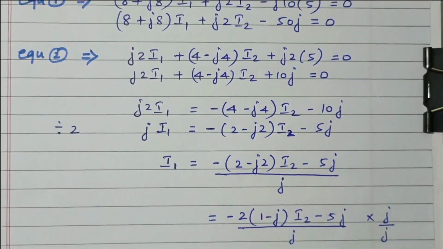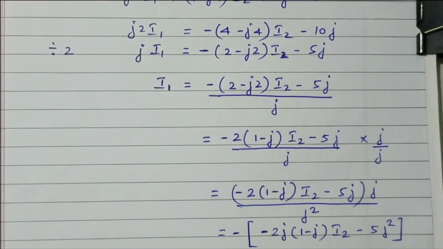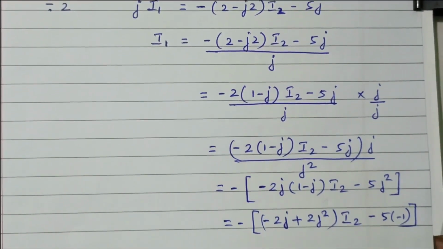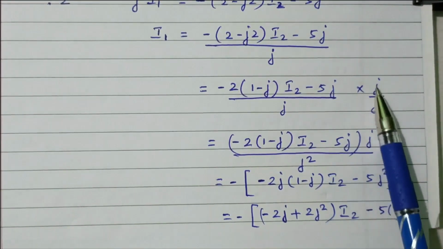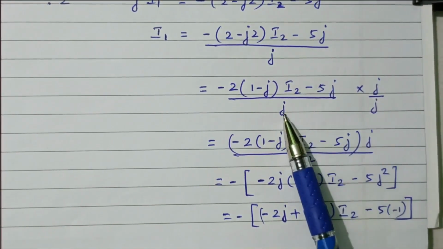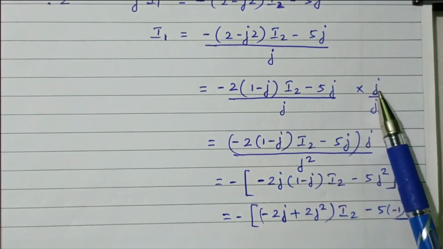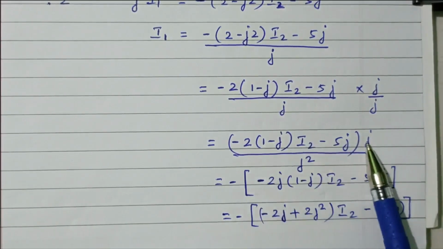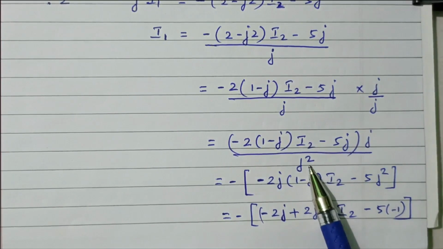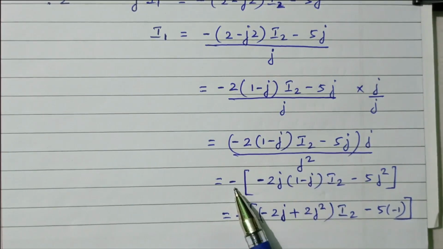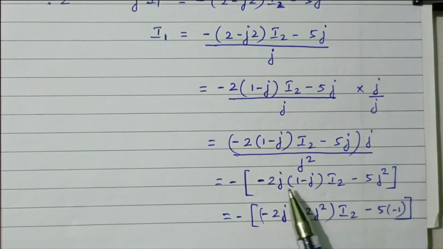Further, it is multiplied and divided by J in order to simplify further, so that we can remove the J from the denominator. J by J, so it is multiplied. J square value is minus 1, so the denominator is now removed. This minus is multiplied inside.